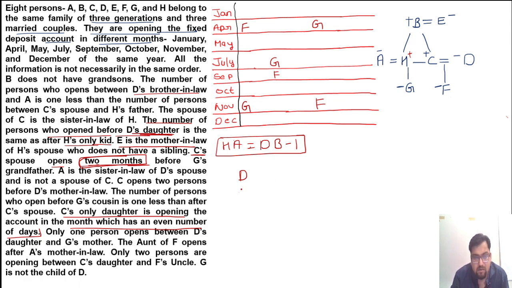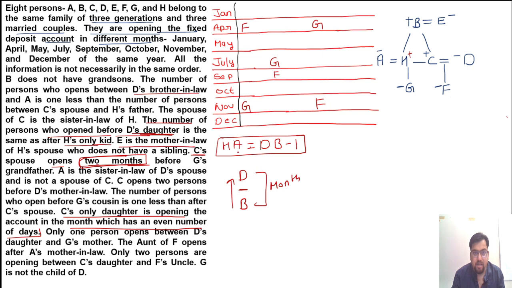That is B. But here we are talking not about the number of persons, but about the month. 2 months before, the gap will be 1. Okay, B, 1 gap, D. So can you tell me how many persons are between B and D? That is 1 minus 1, that is 0.